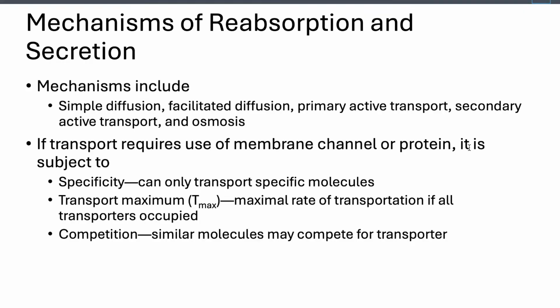All right, so mechanisms. Mechanisms include simple diffusion, facilitated diffusion, primary active transport, secondary active transport, and osmosis. Secondary active transport is like, let's say I'm going to pump sodium through a membrane channel.